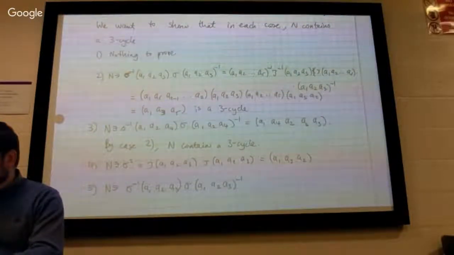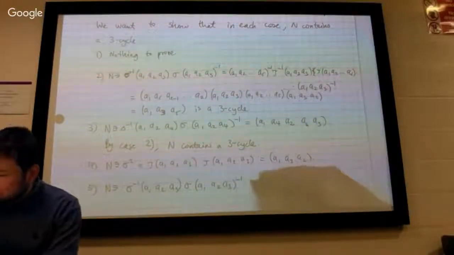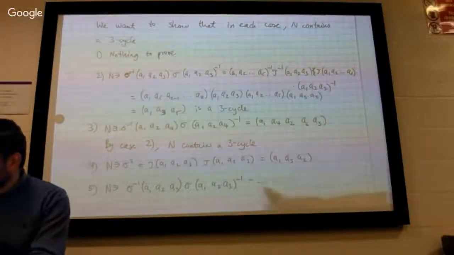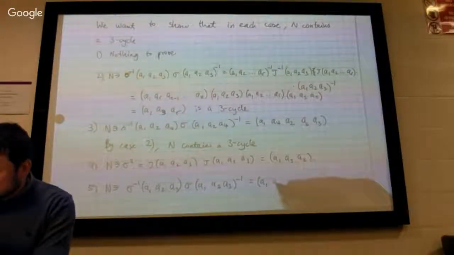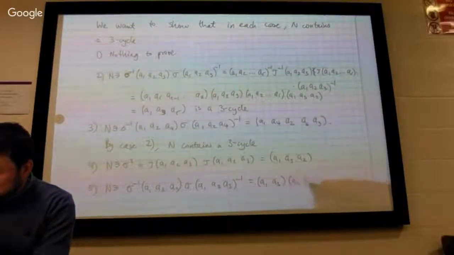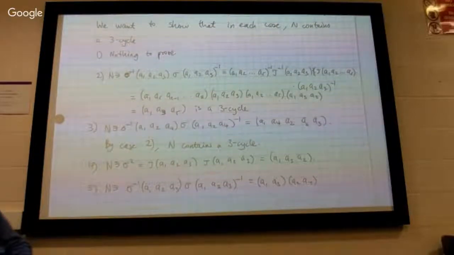That's the same thing as before. Now, if you work it out in the same way that we've done, I don't want to waste time doing that because that's not really interesting. You get A1, A3, A2, A3. Okay, so there's no 3 cycle yet.